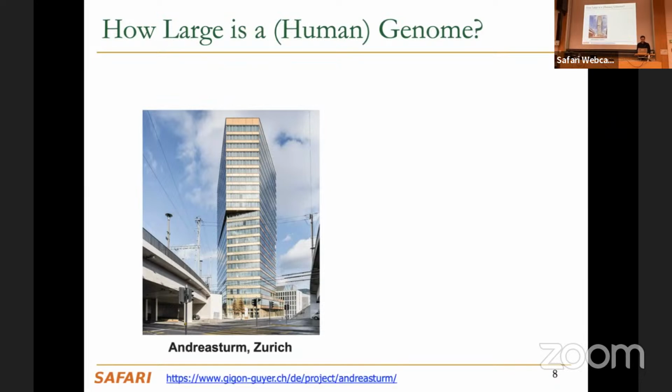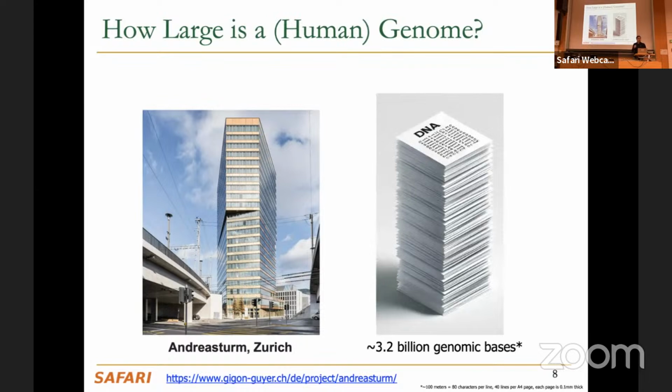This is Andreasturm, which is about 100 meters tall. To illustrate how large a genome is, if you started from the beginning of the first chromosome and wrote every letter on A4 pages until you reached the last chromosome of a single cell, and then piled up all these papers on top of each other, you would get a pile as high as this Andreasturm. And if you are curious, I did the math here, it checks out.